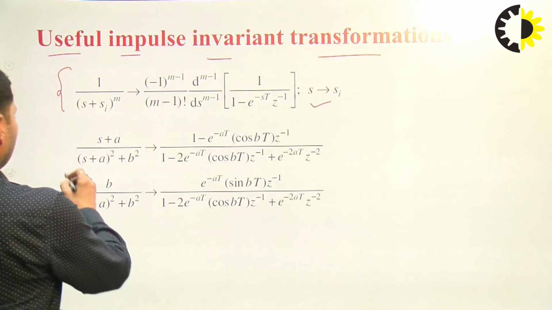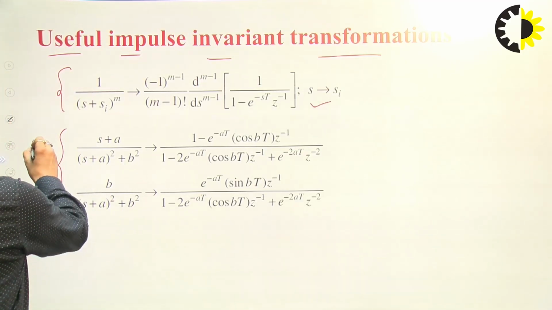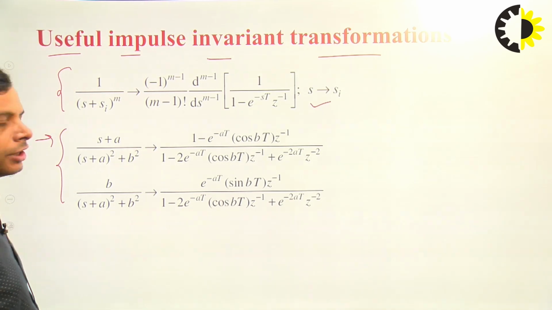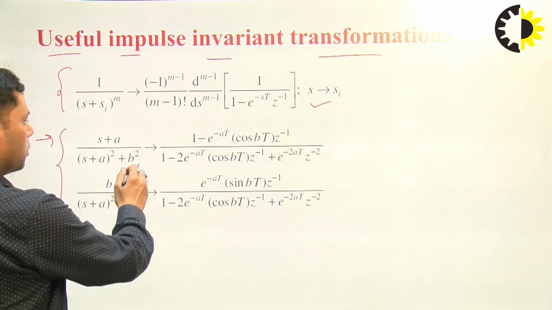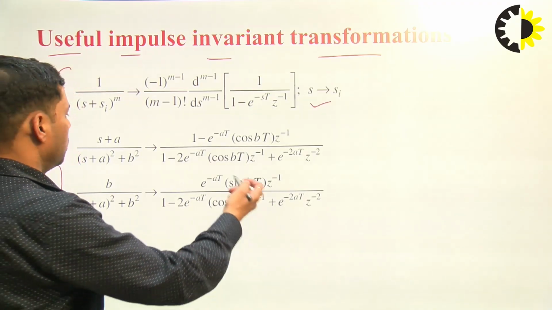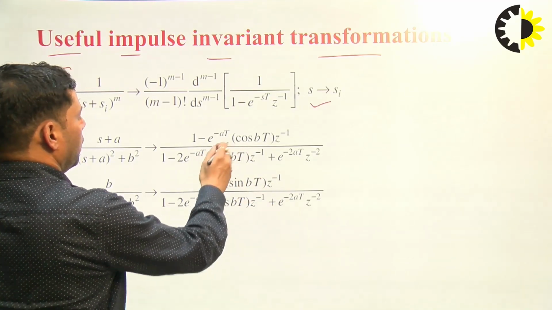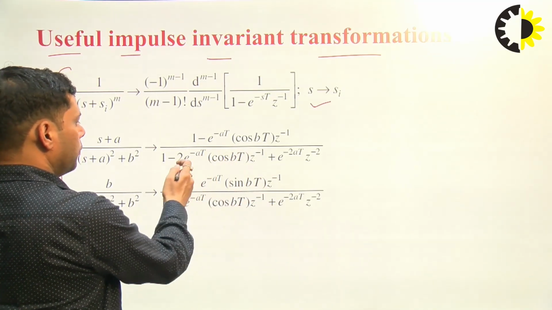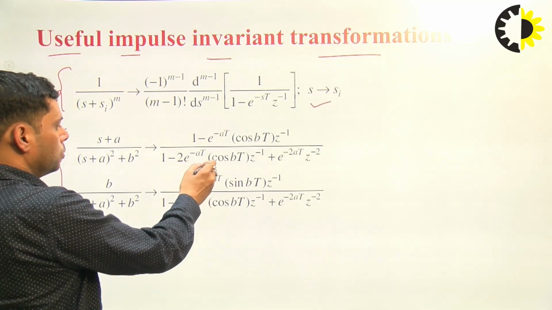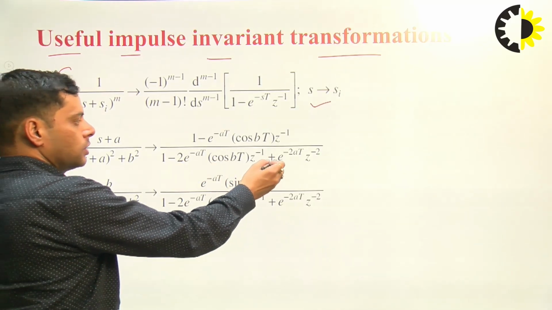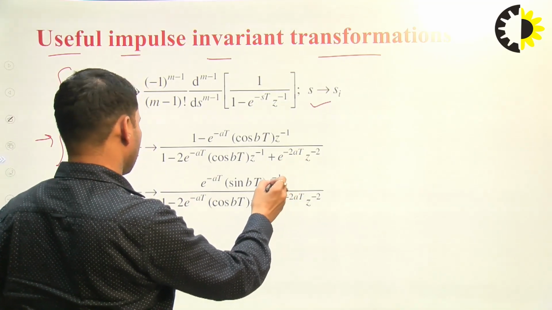If the transfer function is given in the form (s plus a) upon (s plus a) square plus b square, the digital transformation by the impulse invariant method becomes 1 minus e raised to power minus aT cos bT z inverse upon 1 minus 2 e raised to power minus aT cos bT z inverse plus e raised to power minus 2aT z raised to power minus 2.